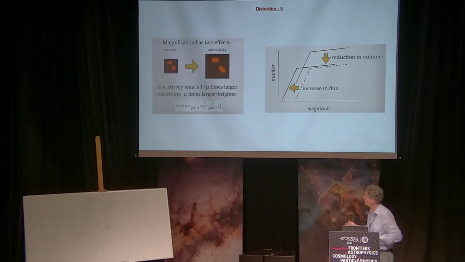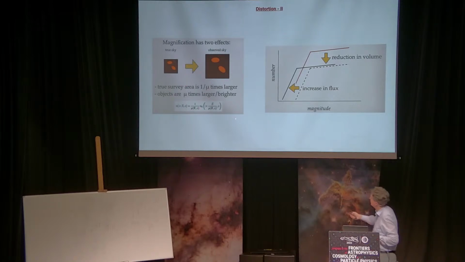In general, distortion produces two effects. One is that the true survey area is changed, which is really a volume effect, if you wish. The second is that objects become brighter, typically, because the paths are more converging.